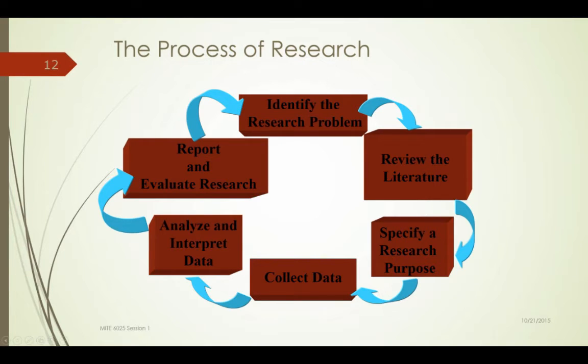Saying I am interested in MOOC, I want to do MOOC, or I'm interested in the flipped classroom, I want to do this topic, is not enough. You have to identify the problem within this issue. Then, to understand more about this issue, you have to do a literature review, reviewing a lot of previous research, maybe the policy regarding this issue. Then, after reviewing all the research, you have a specific purpose.